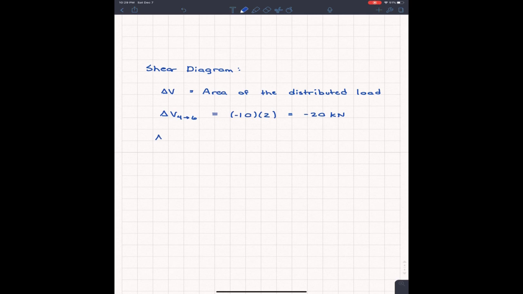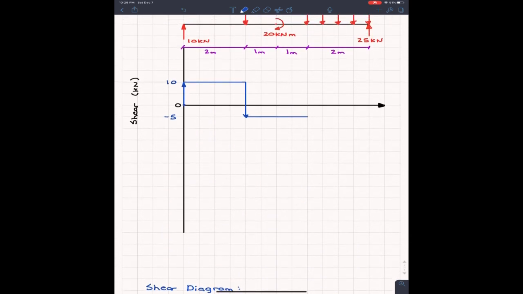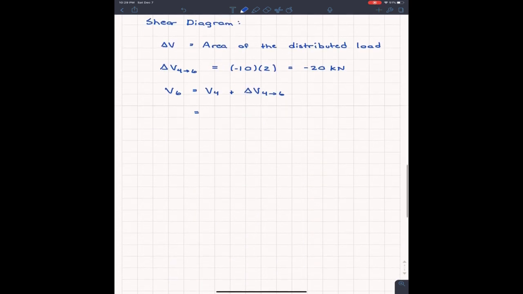So when we want to find the shear at 6, we know this is going to be equal to the shear at 4 plus the change in shear from 4 to 6. And basically what this means is, what is the shear that we started at? And if we look up here at x equals 4, we have -5.